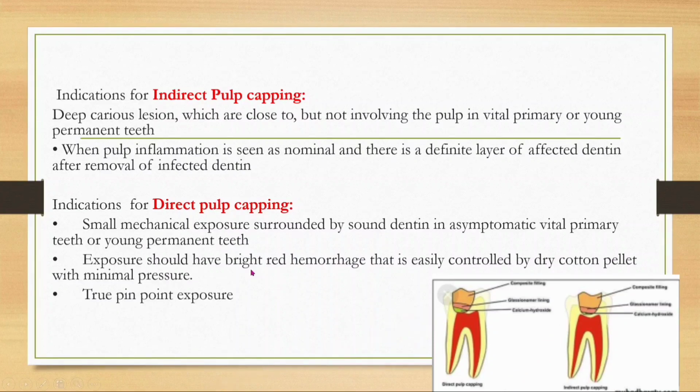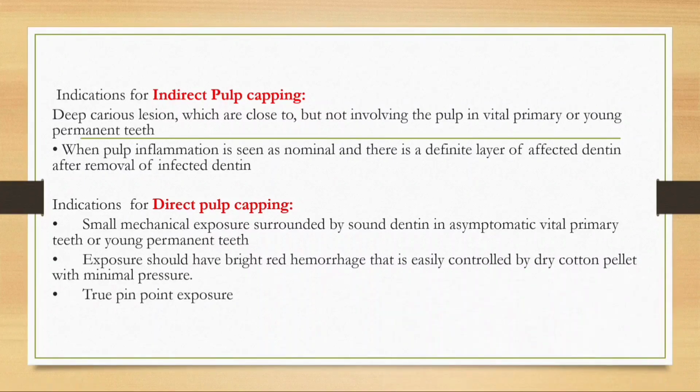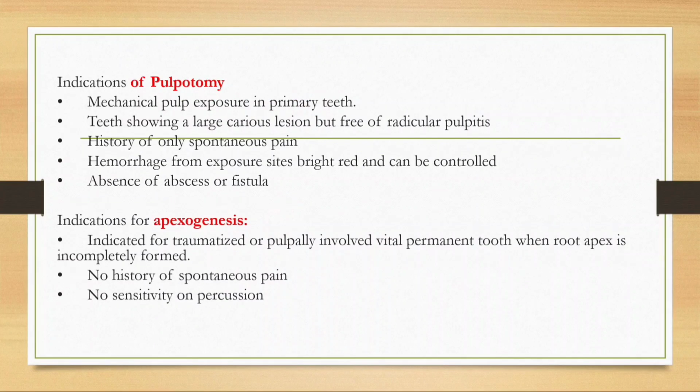So this exposure should have bright red hemorrhage, not dark red, which indicates a deep lesion, which can be easily controlled by a dry cotton pellet with minimal pressure, and through a pinpoint exposure we can do direct pulp capping.